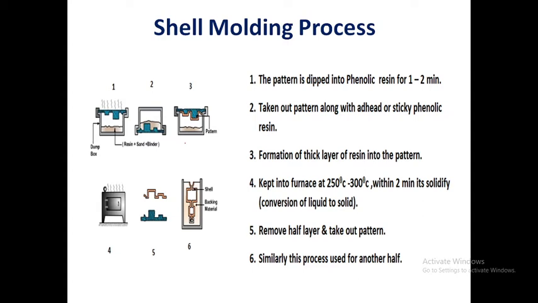It is normally used for small to medium parts that require high precision. Examples include gear housing, cylinder heads, connecting rod. It is also used to make high precision molding cores.